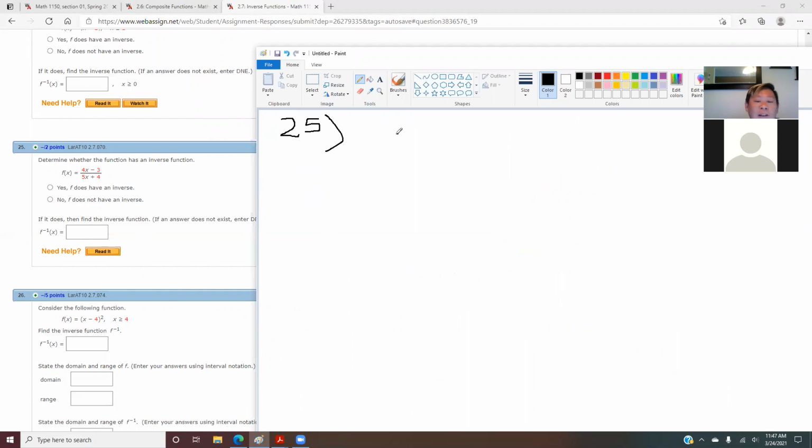This question is first asking, does this have an inverse function? In order for us to figure out if this has an inverse function, there are a couple of ways to do it. One way is to draw a horizontal line and see if you intersect at one point, like what we just did.